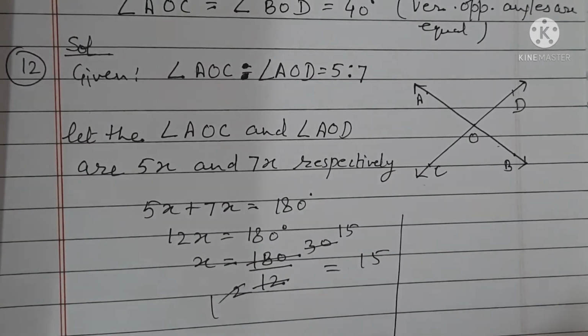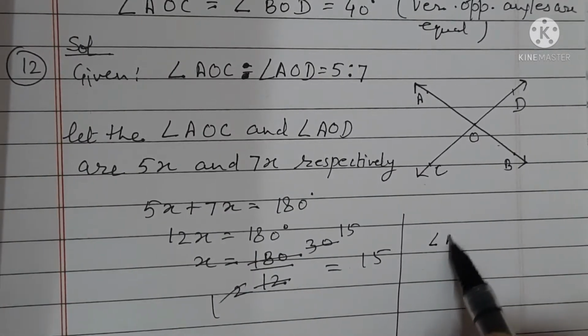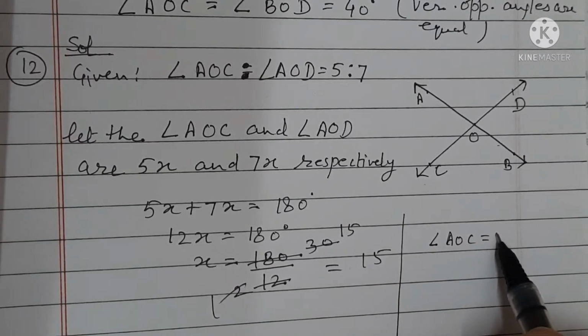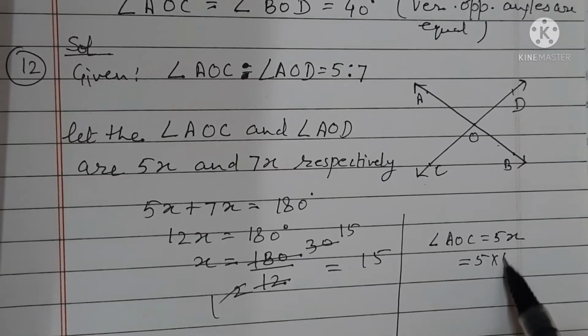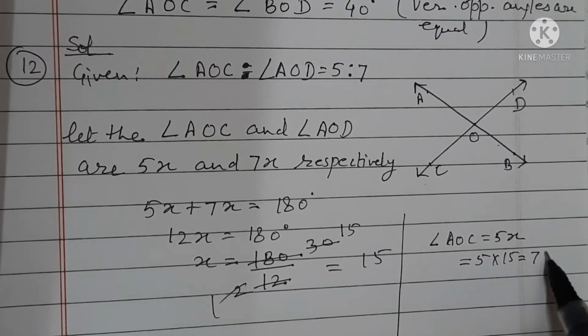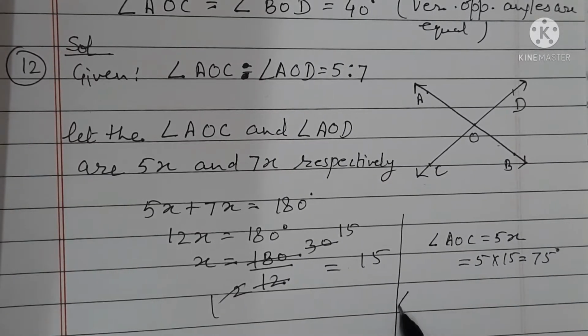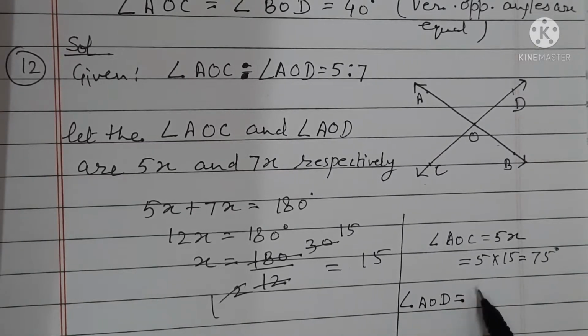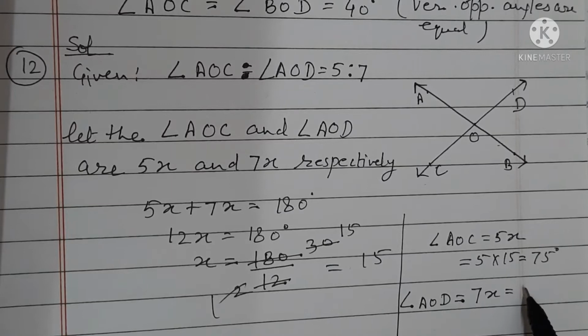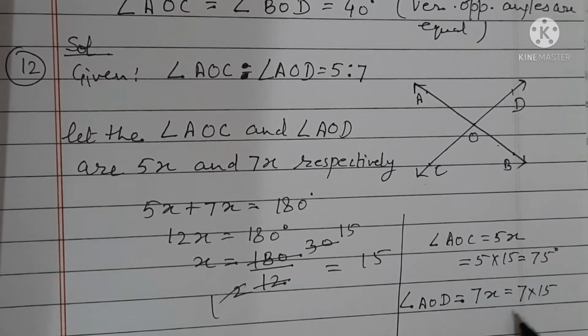So angle AOC is equal to 5x, becomes 5 into 15 is equal to 75 degree, and angle AOD is equal to 7x, means 7 into 15. 15 sevens are 105 degree.